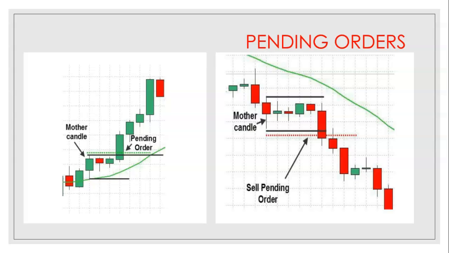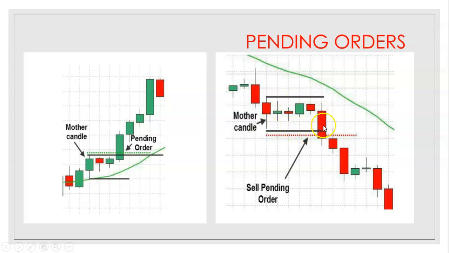All right, so look at this. We again have a mother bar and inside bars. All of these are inside bars, within the high and the low of this mother bar, but we are looking for a breakout downwards after this consolidation, because this is a period of consolidation.